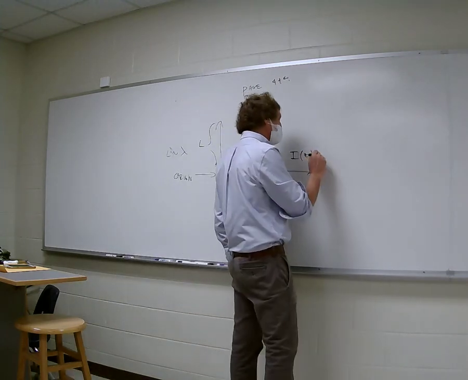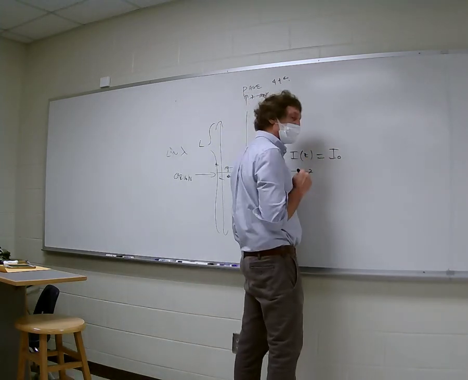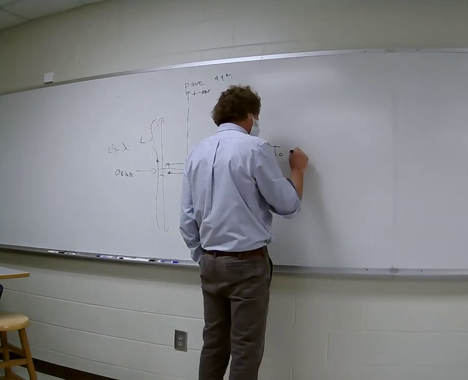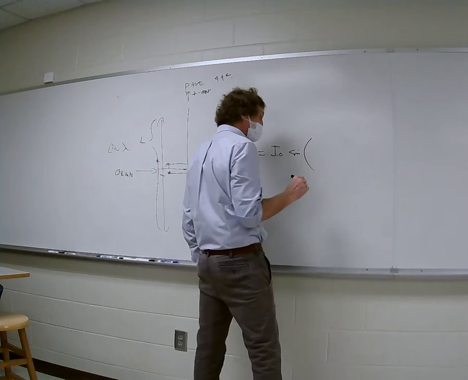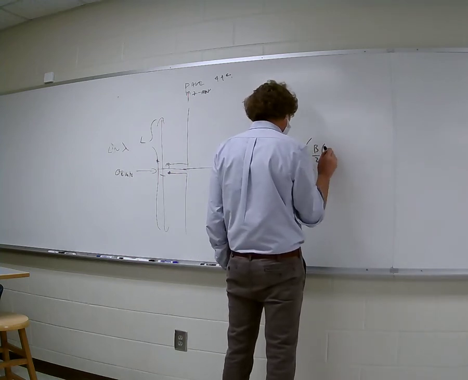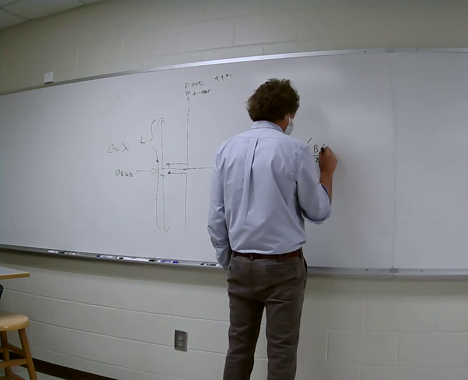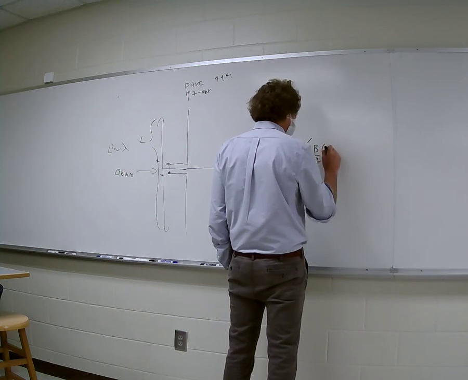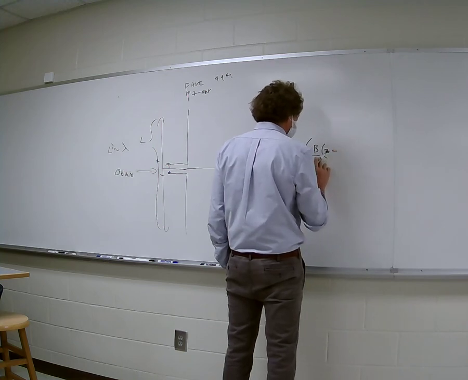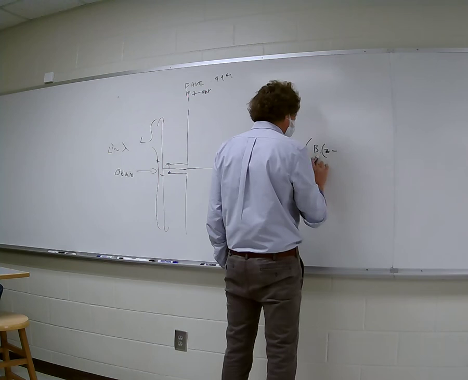I of Z itself will have a magnitude of I naught, but then it's going to be times the sine. There's different ways to write this, but it'll be beta over 2, right there, and it will typically be Z, the height, minus... well, actually, I think the way it does it in the book, they leave beta out in front.